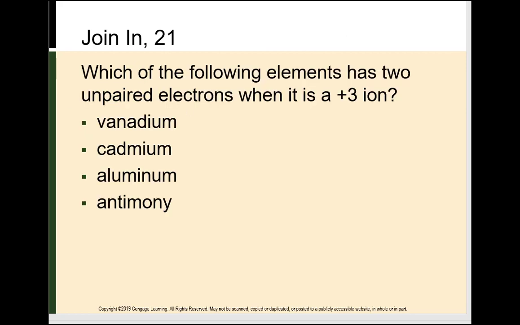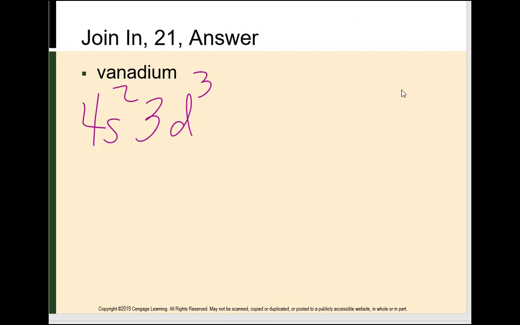What about this one? 2 unpaired electrons when it is a +3 ion. You're going to need to draw the orbital boxes. Let's check back in a minute. And the answer would be vanadium. If we find it, it would be 4s2 3d3. So to become a 3+ ion, we're obviously getting rid of these 2 first, and then 1 of these to make that 3d2.